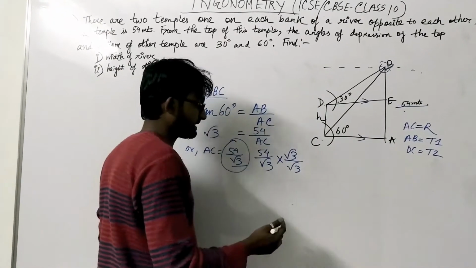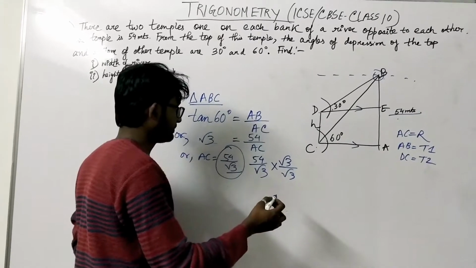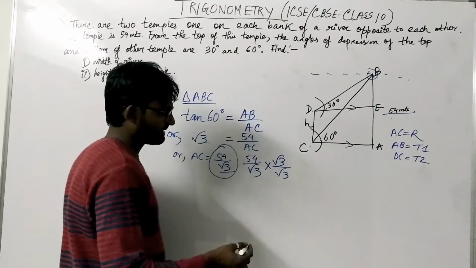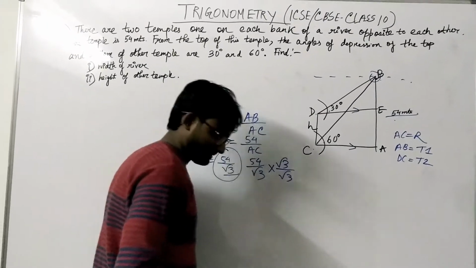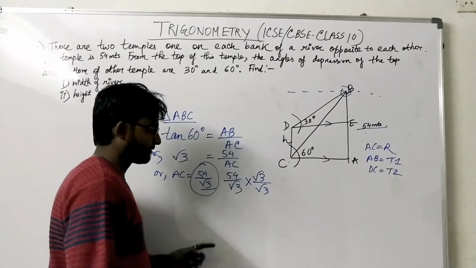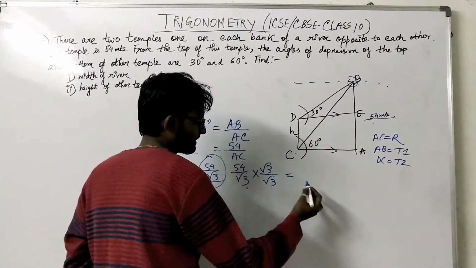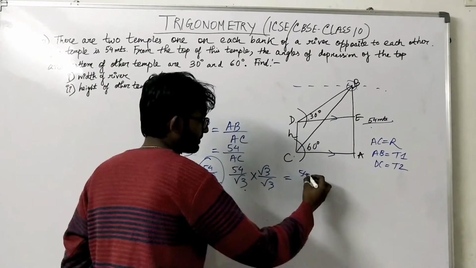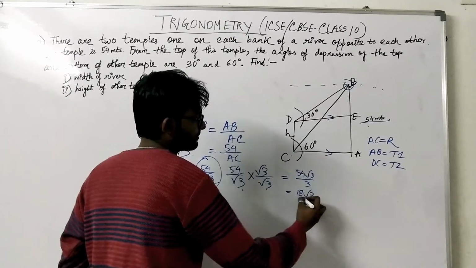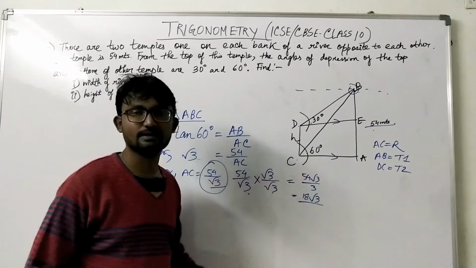So 54 by √3 into √3 by √3. √3 times √3 is 3. So 54√3 by 3 comes to 18√3. So 18√3 is the value of AC, that is the width of the river.